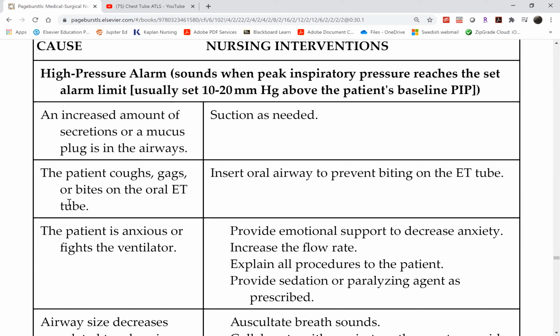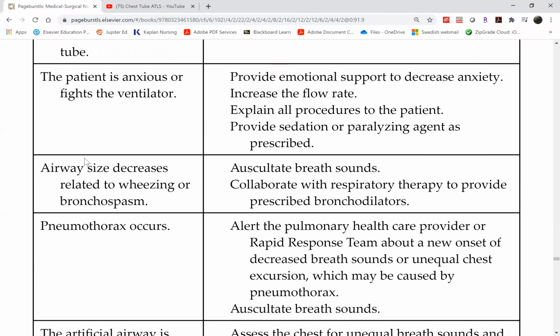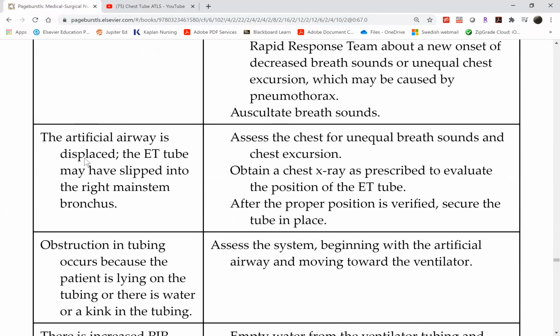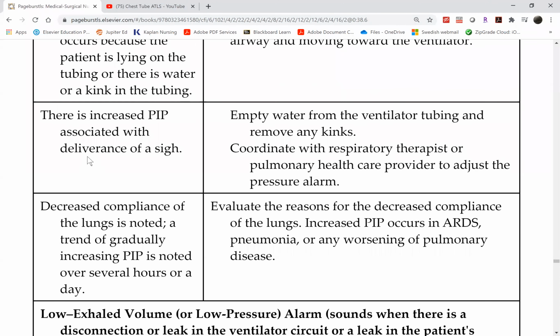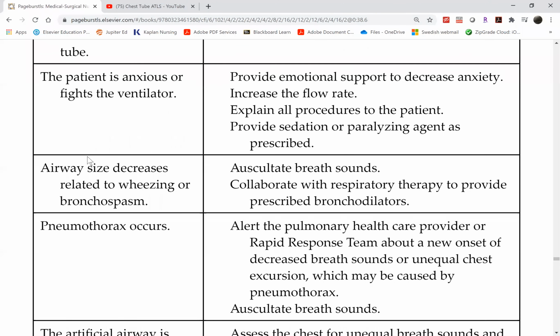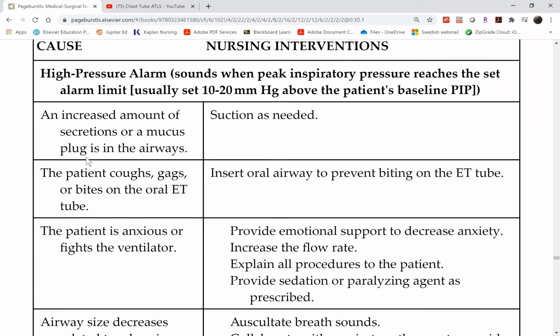Somehow it's working harder to deliver the breath to the patient, caused by any one of these. That's why it will trigger a high pressure alarm. It's because that's exactly what's happening. The vent is sensing a high pressure or higher resistance with each breath delivery.